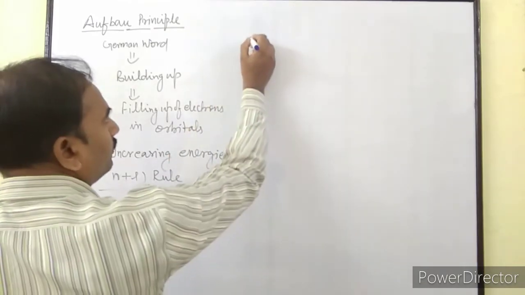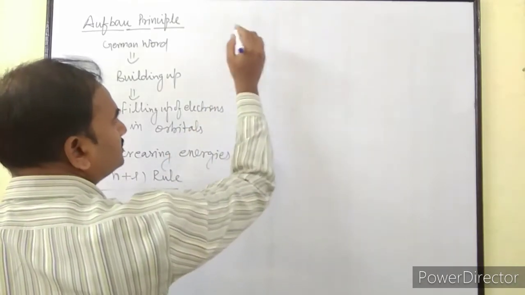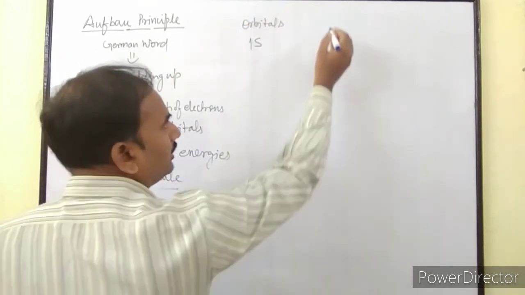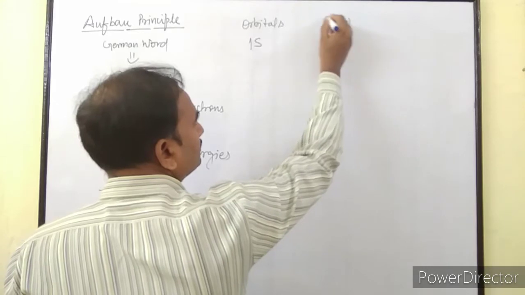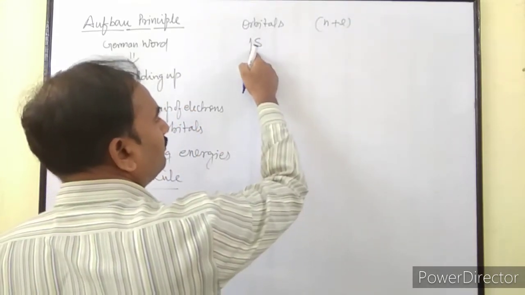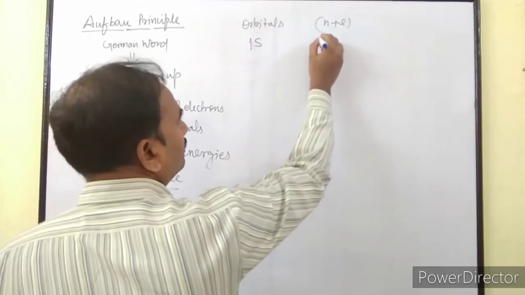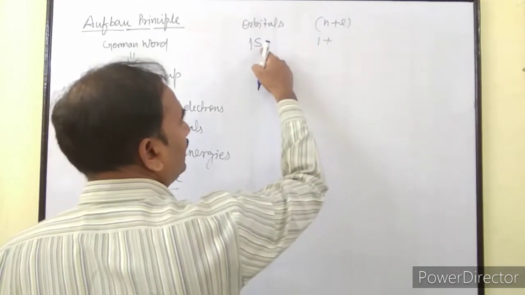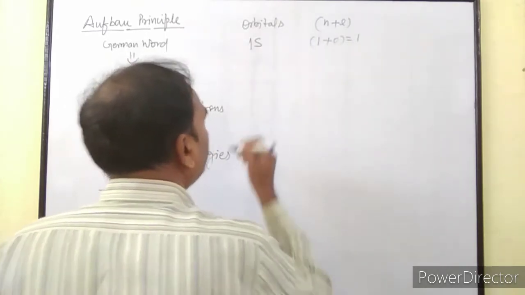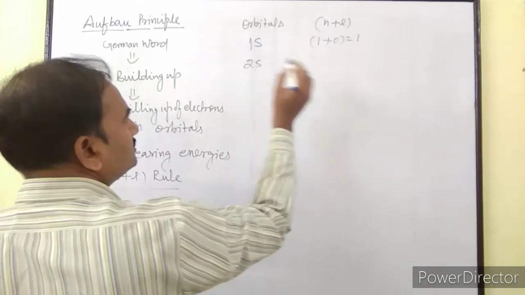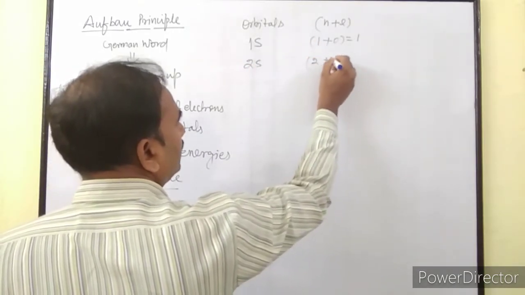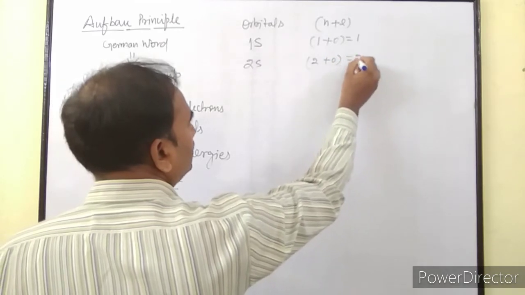Suppose 1s here orbitals and here n plus L. For 1s, value of n is 1 and value of L for s is 0. So n plus L equal to 1. 2s, n equal to 2 and L equal to again 0. So n plus L will be 2.